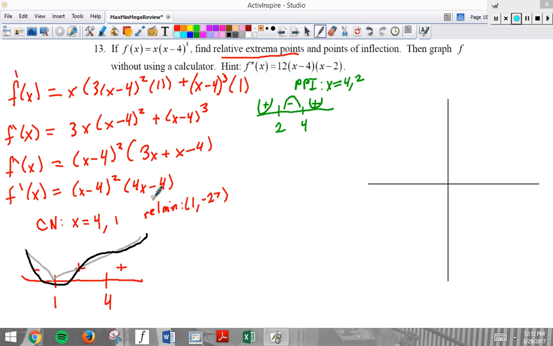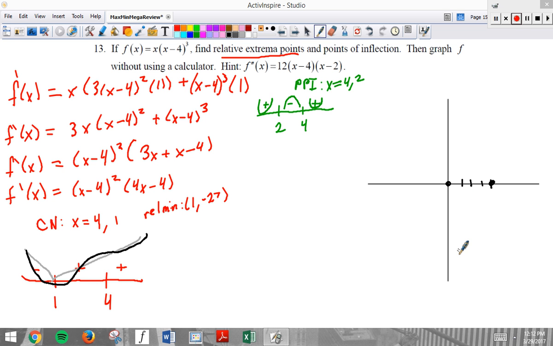Graphing f. It doesn't give me more instructions, but it would have been helpful to find the zeros. So for instance, 1, 2, 3, 4. That's 1 zero. The origin's also a zero.